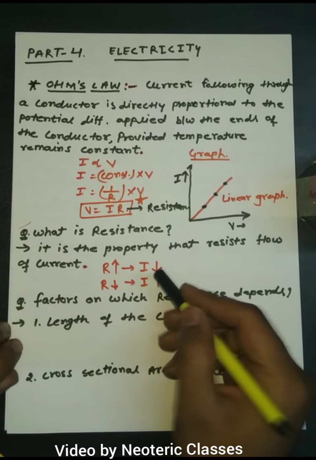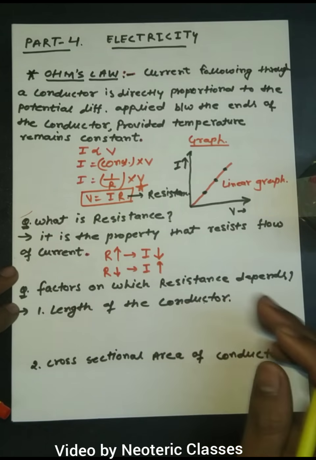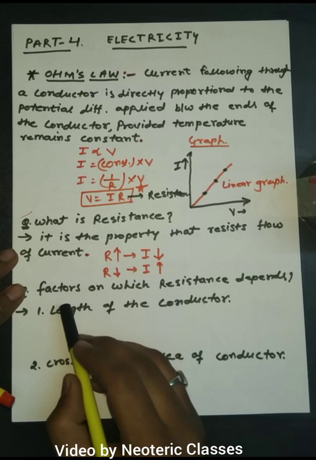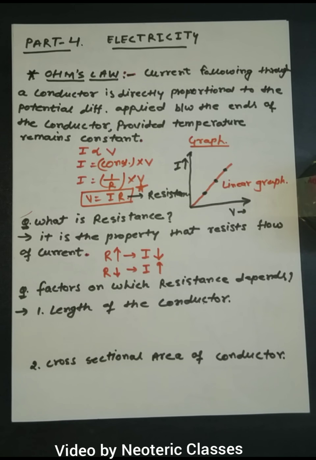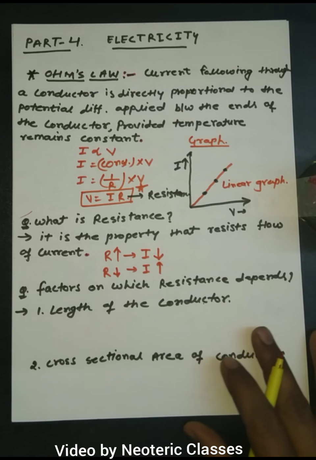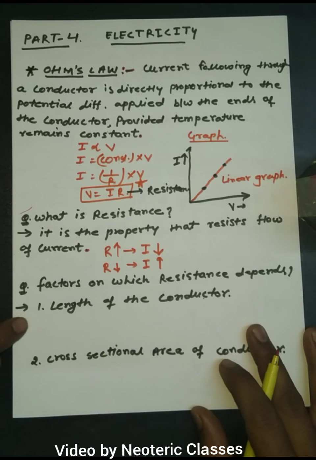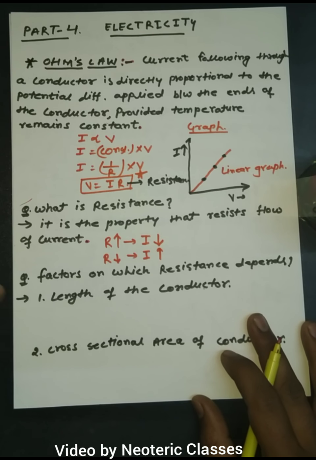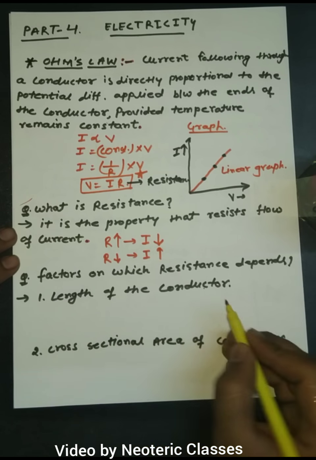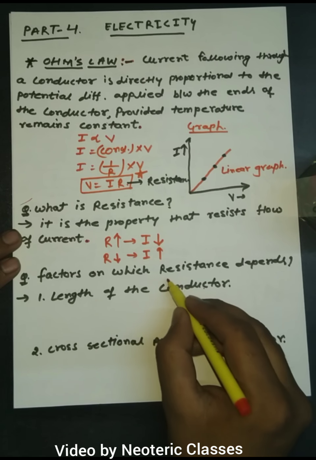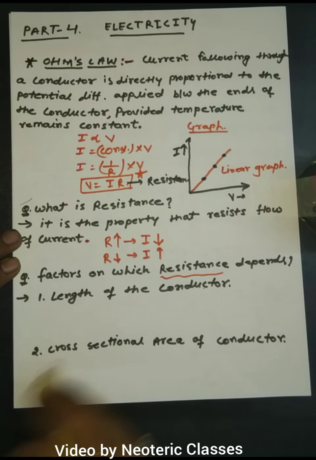Okay friends, now the next thing is that resistance is quite an important term. Then we have to discuss the factors on which the resistance depends. So the first factor is called the length of the conductor. That means the resistance depends on the length of the conductor.